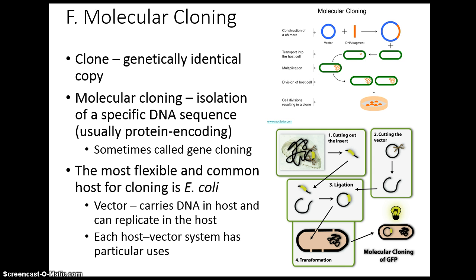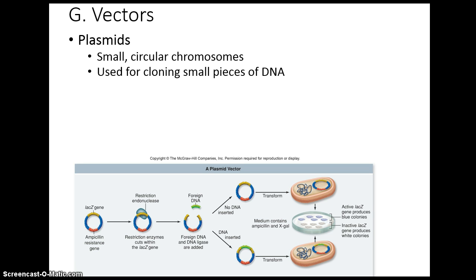In order to get DNA in there, you first have to have a vector, which is something that will carry the DNA into the host. The host vector system, depending on the function of the gene, can have a particular use. One of the vectors we use very commonly is called a plasmid, which is basically like a miniature chromosome.